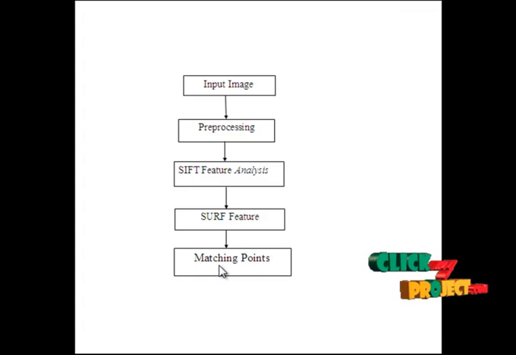After that we go for the matching points. In that, we are extracting the SURF features. With that, we are analyzing the matching points in the two images. Based on the matching points, the images will be fused together for the further result.